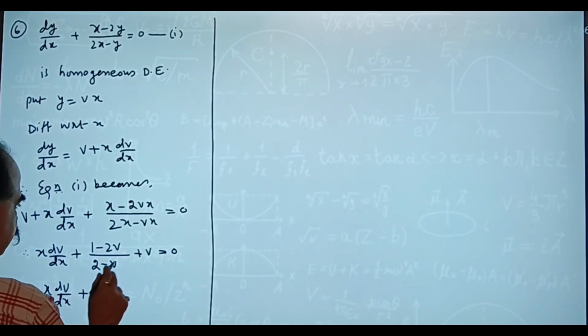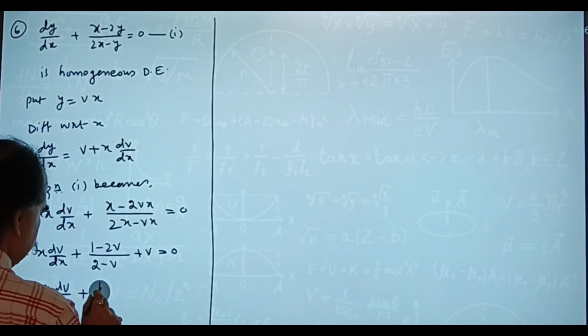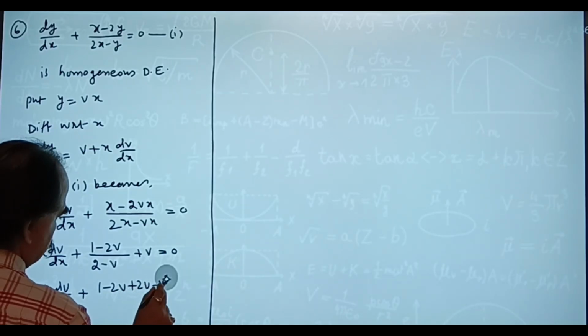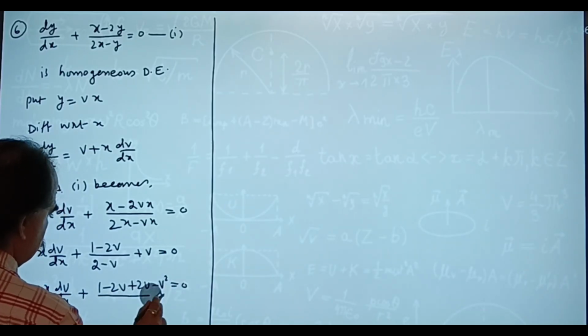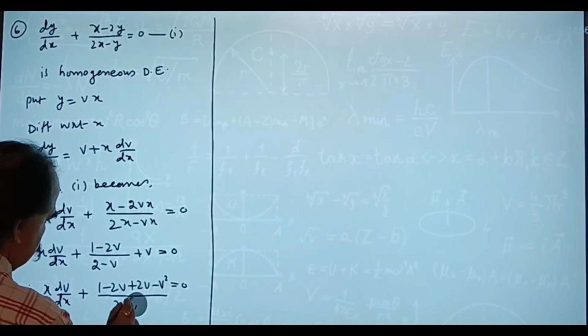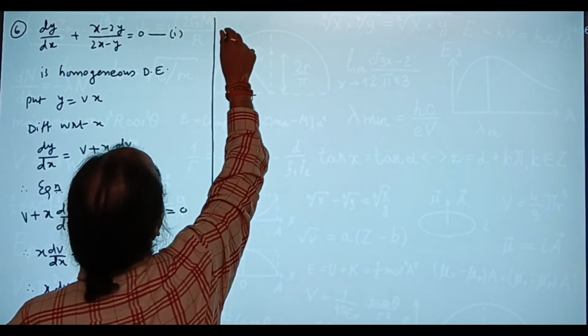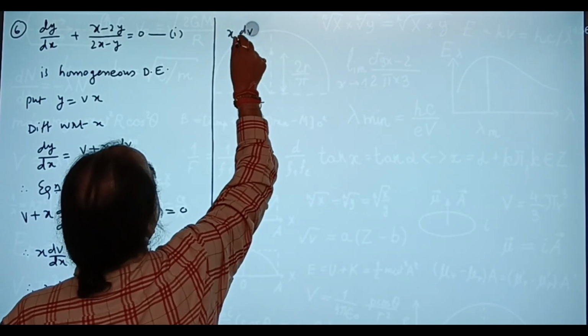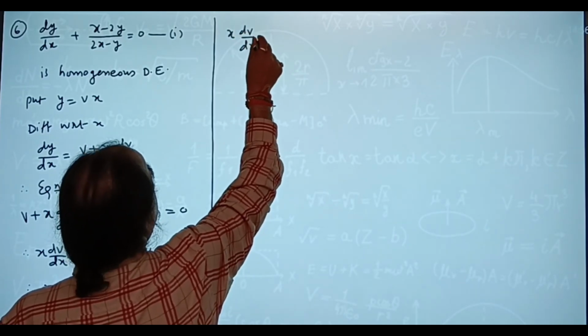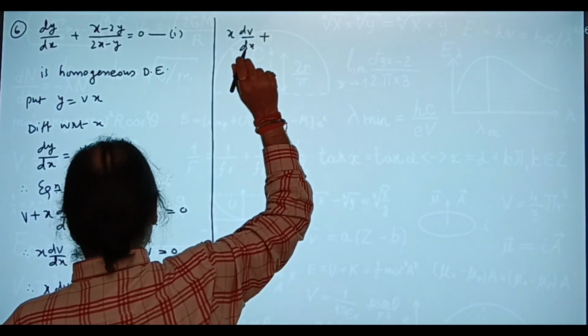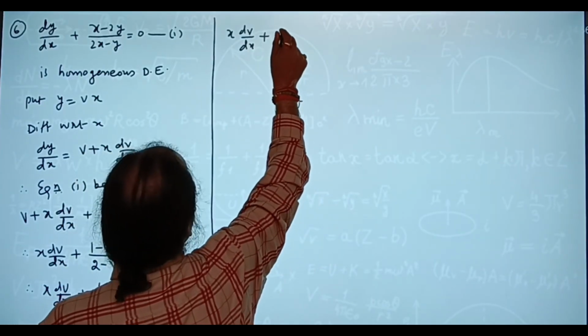LCM will give you 1 minus 2v plus 2v. Therefore, x dv by dx plus 1 minus v square upon 2 minus v.